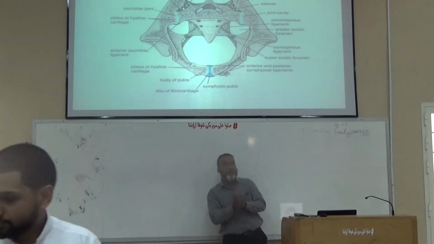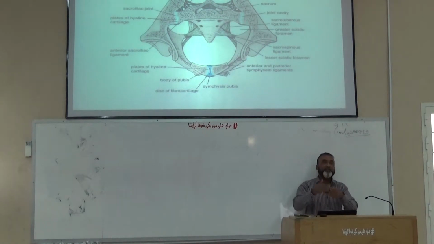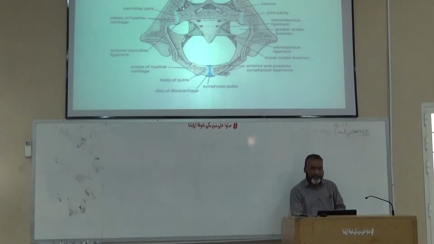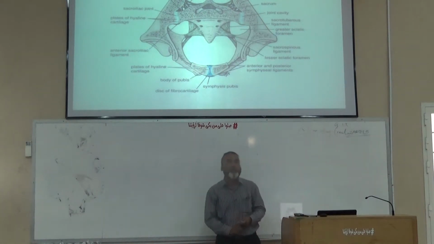Externally, there are two ligaments, one on the anterior aspect of the joint and one on the posterior aspect, named the anterior and the posterior sacroiliac ligaments.